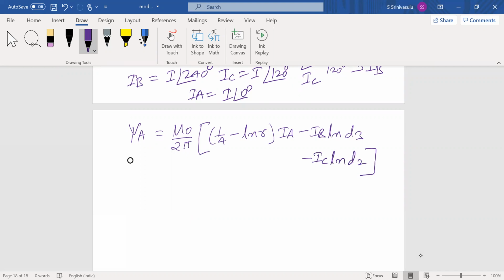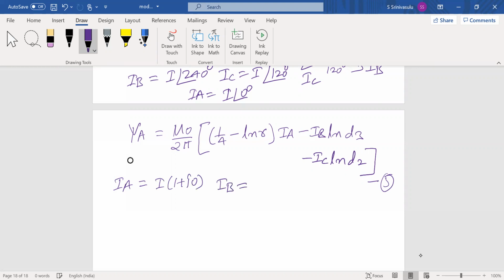Now substitute the IB and IC values in that equation. This is equation number 5. I am writing IA equal to I into 1 plus J0, converting from polar to rectangular form.